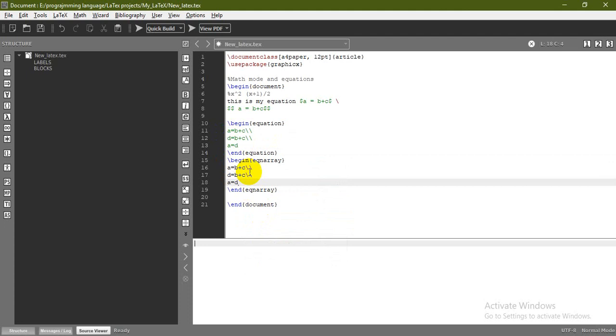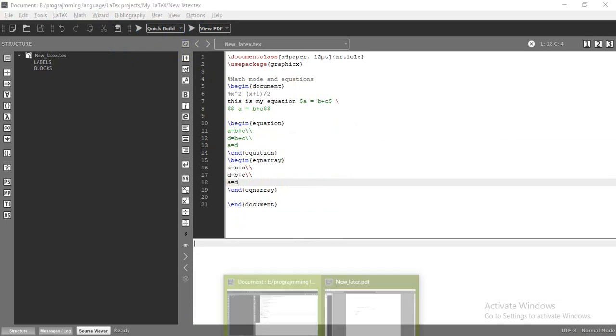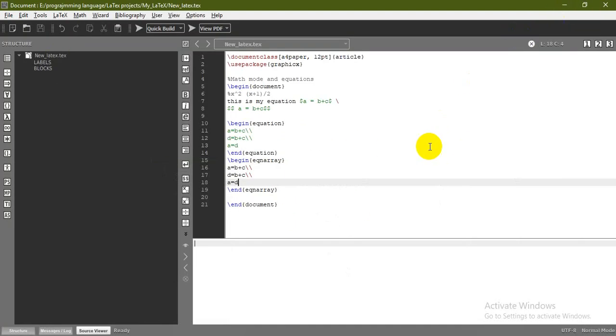When you paste it here, you are going to see how they move to the next line, contrary to this. So we compile and then we run. You have this. You see that this is on a single line, while this comes on the next line. When you go to the next line, they go on the next line, actually, as you said in eqnarray.